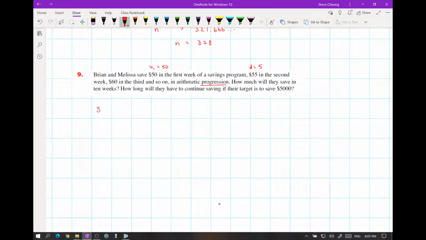So I want S10. So we start with $50 in the first week. And then this will be 10 minus 1. No, so that's the nth term formula. Actually, it is right. I want the nth term instead. Whoops. So the nth term formula will be u sub 10 equals u1 plus n minus 1 d.